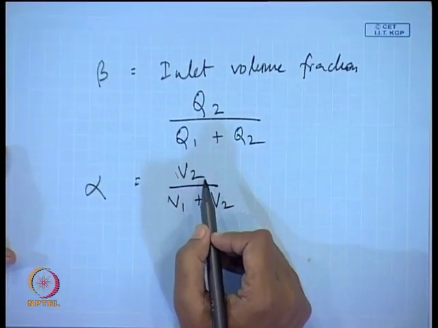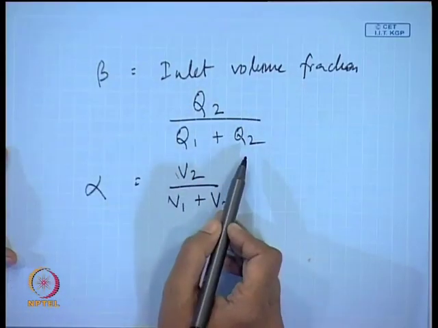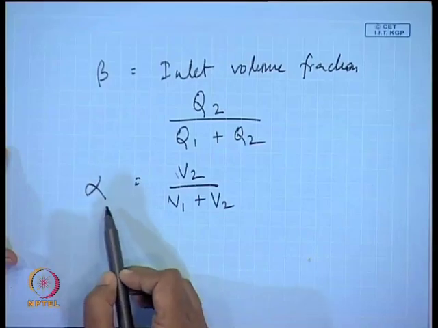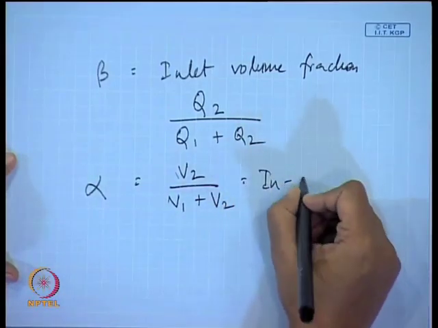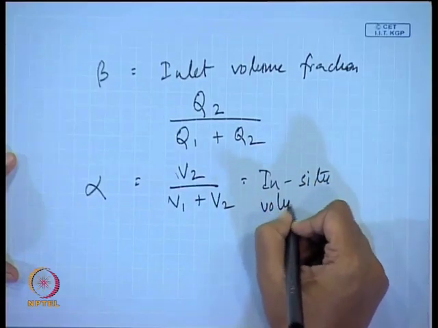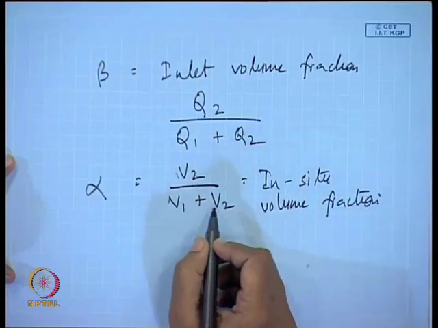The inlet volume fraction is defined in terms of the volumetric flow rate, whereas the in situ volume fraction is defined in terms of the volume occupied inside the actual cross section.